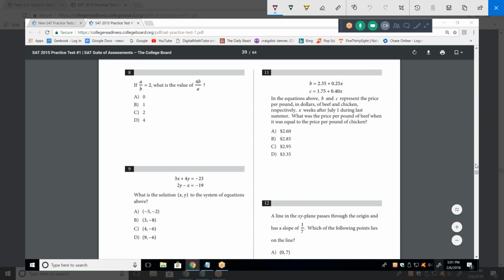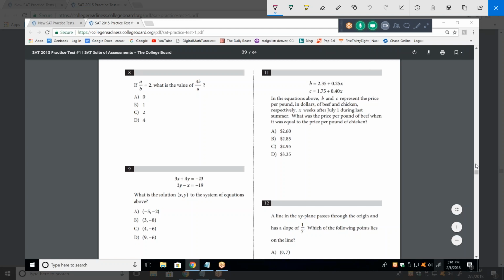Now, what kind of calculator? They do have some restrictions. What do you have for a calculator? A TI-83. That's fine. That's allowed on the test. So that's a good one to have for practice.